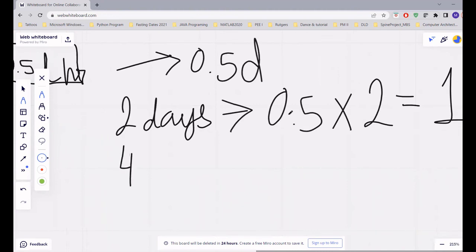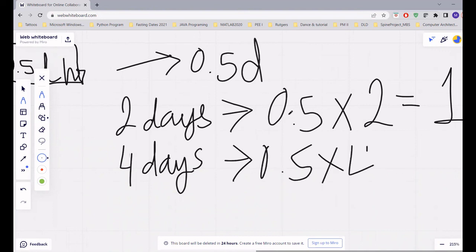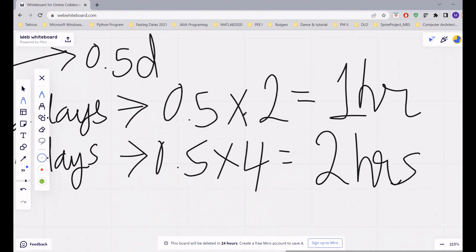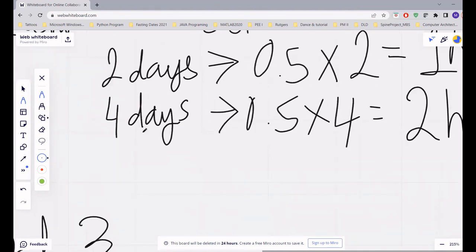So how many hours would she spend practicing in 4 days? 0.5 times 4, which is 2 hours. For shorthand, you write hours as HR. And then the final is 10 days.